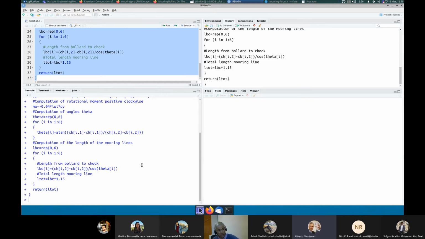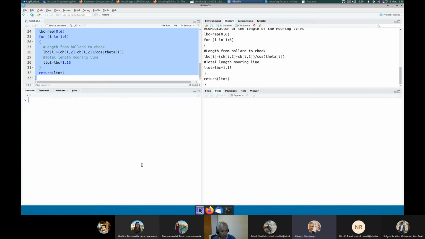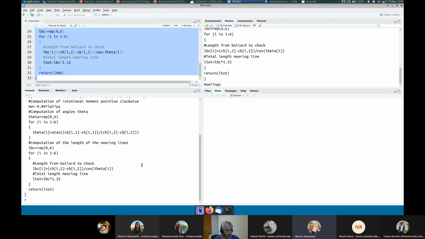Good. You see that in the console, I have everything that was run there. So let me clear the console, Control L, and let me type the name of the function, moorings, without parentheses. And I get back the whole function. And let me check it, okay?